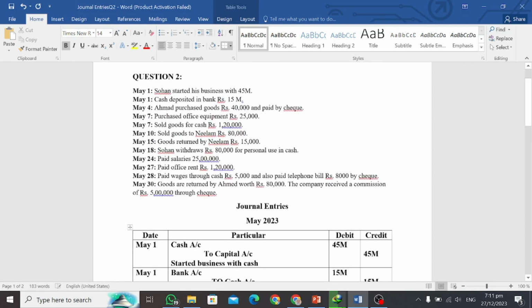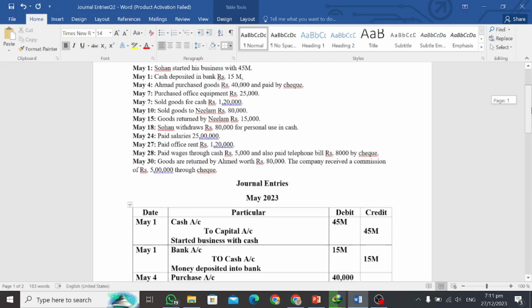Let's see the other transaction, that is May 7, sold goods for cash rupees 1,20,000. It means we have the sale account, as sold goods indicate the sale account, and the cash account. The value of the cash account is increasing, so it will be debited, while the sale account will be credited.